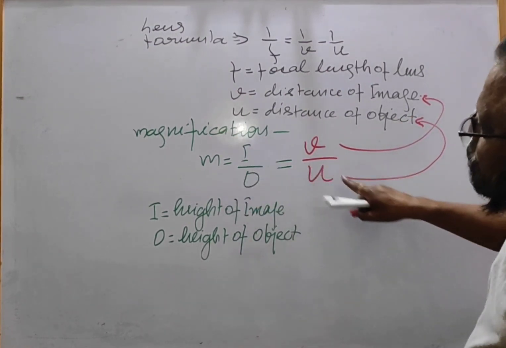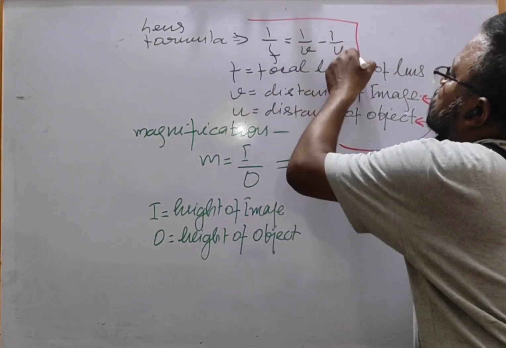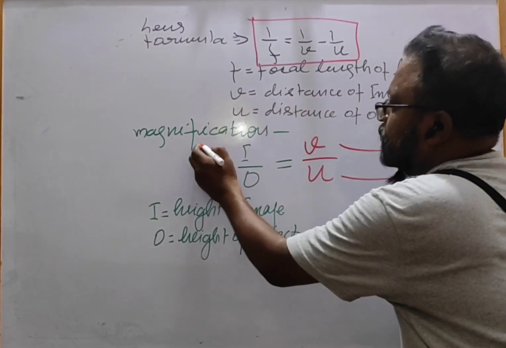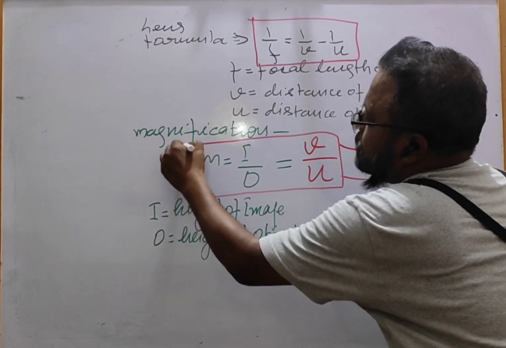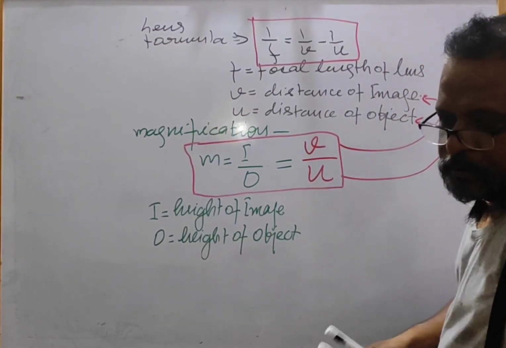So this is for magnification. This is the lens formula which you have to keep in mind, right? This is very important to understand the things, right?